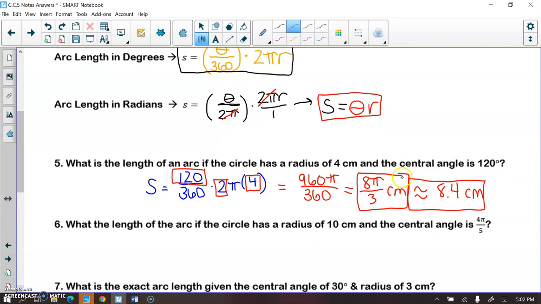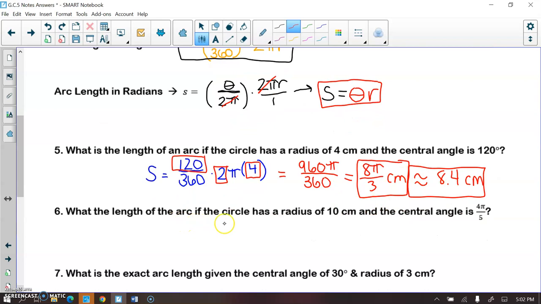All right, number 6. What is the length of an arc if a circle has a radius of 10 centimeters and the central angle is 4 pi over 5? When we have pi in our angle, that means our angle was given to us in radians. So we're actually going to use the radians formula, which is just arc length is equal to your radians times your radius.